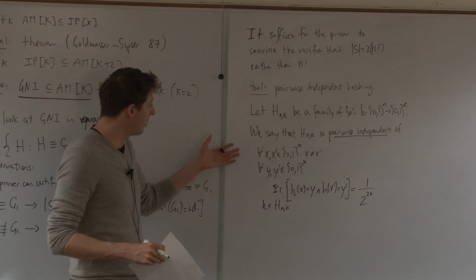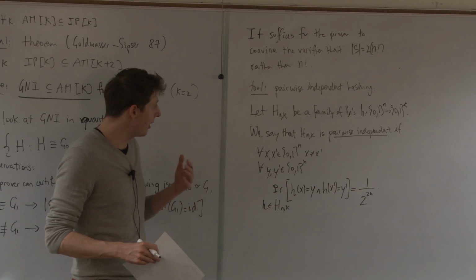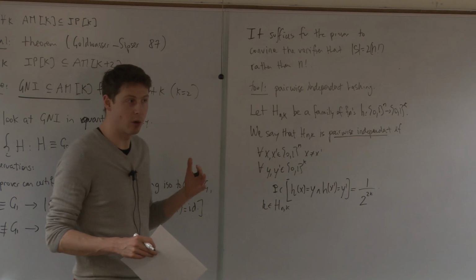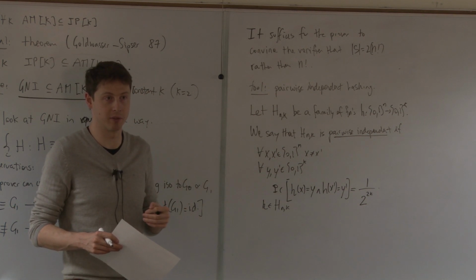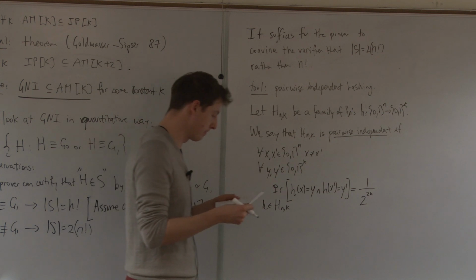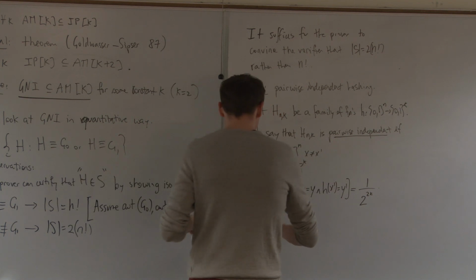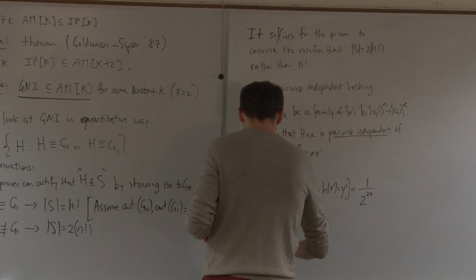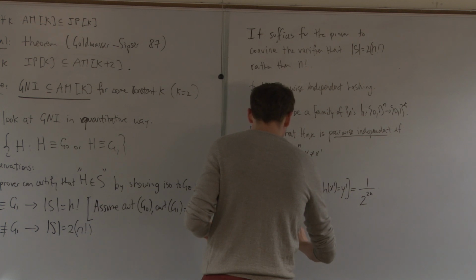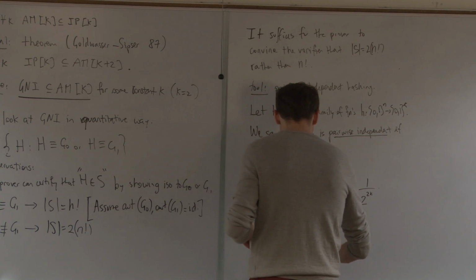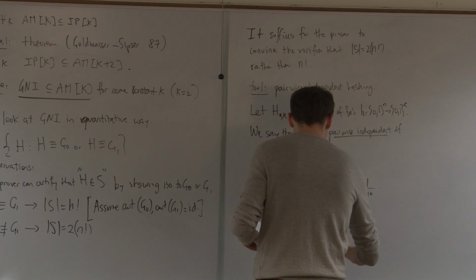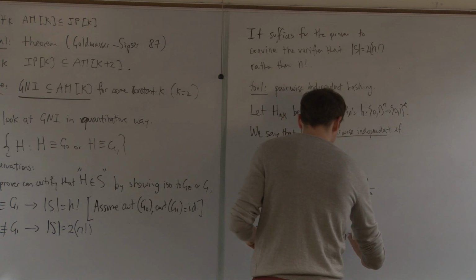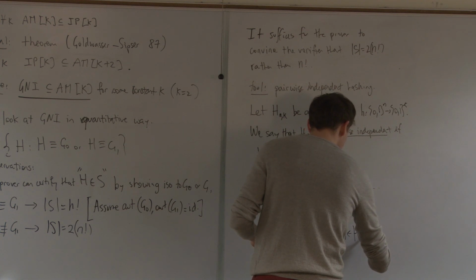A pairwise independent hash family is one where this specific event holds, okay? And maybe not all other properties of random functions. Another way to think about it is that you can think about the joint distribution of h of x and h of x prime for h drawn from the family.